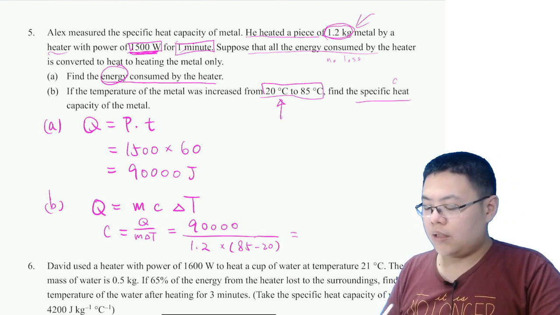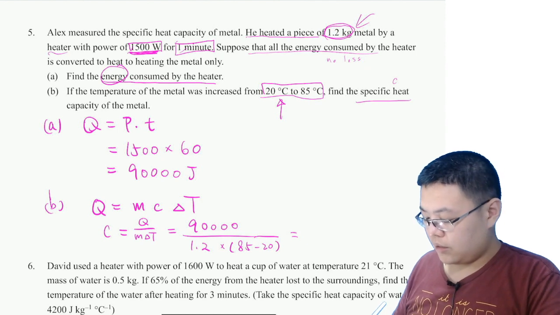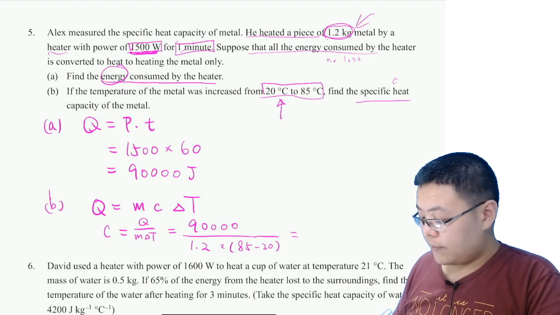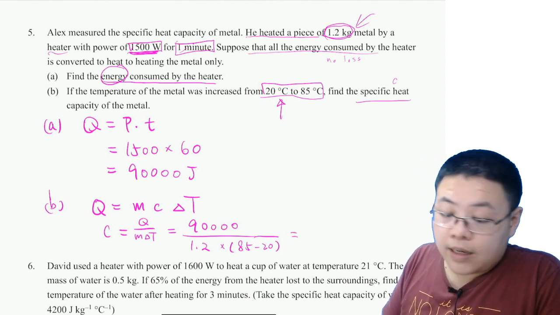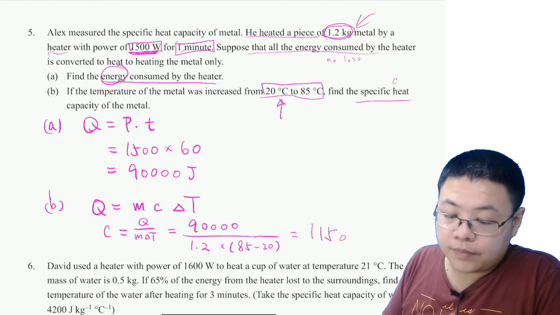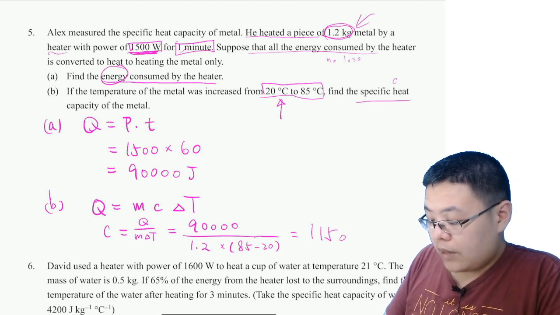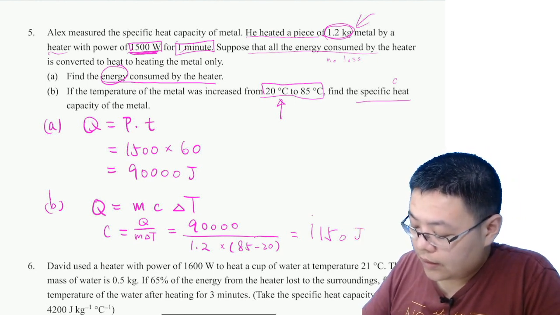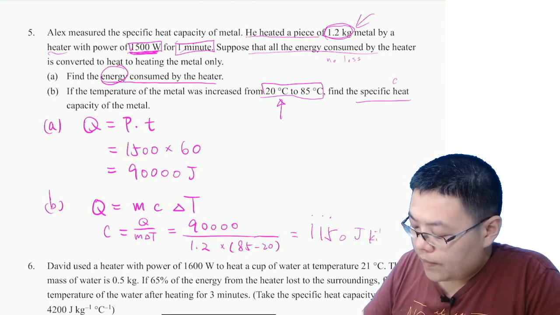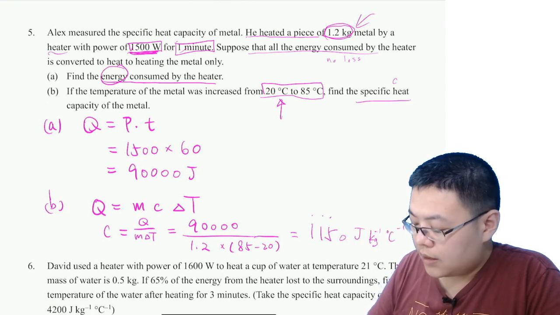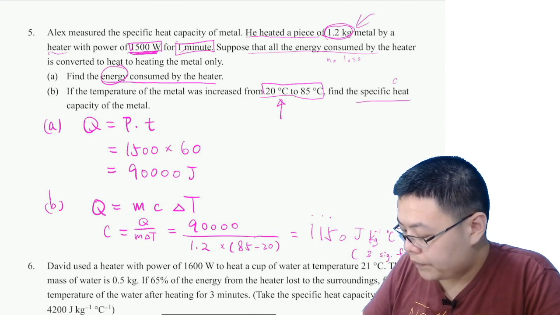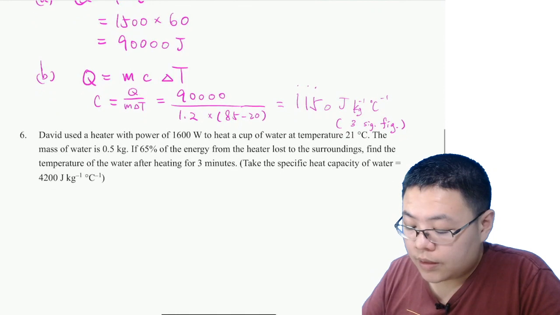And then we calculate 90000 divided by (1.2 times (85 minus 20)), just press 65. And then the specific heat capacity is 1153.8 actually, but many times we calculate to 3 significant figures, 1, 2, 3, so it rounds up. Joule per kilogram per degree Celsius, and then I have to write 3 significant figures. Okay, that is question 5.